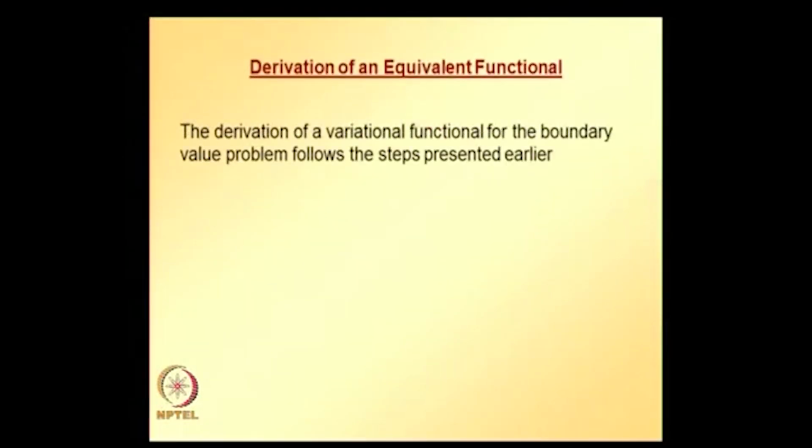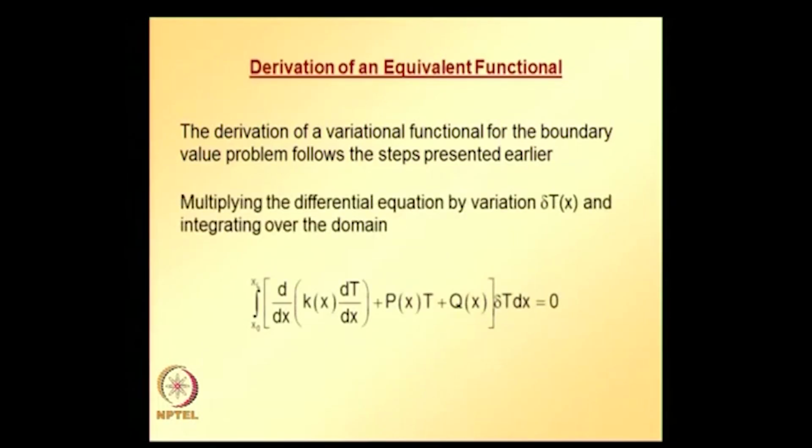Derivation of the variational functional for the boundary value problem follows the steps presented in the earlier lectures. Multiplying the given differential equation by the variation of t, integrating over the problem domain and equating it to 0, we get this first step.